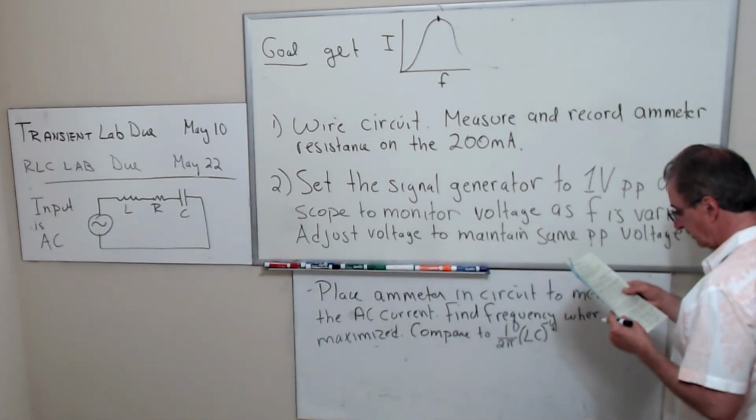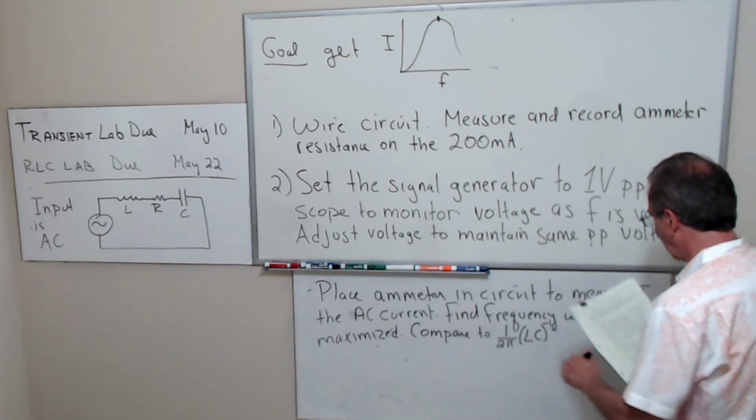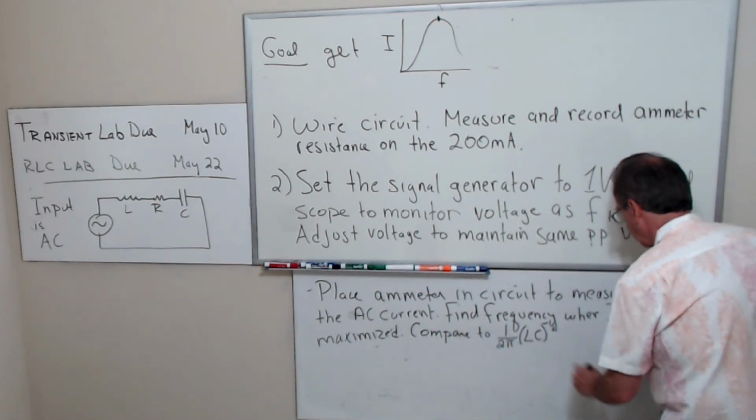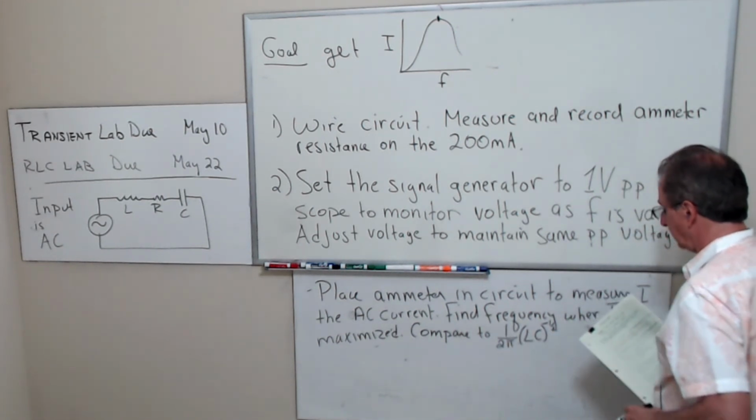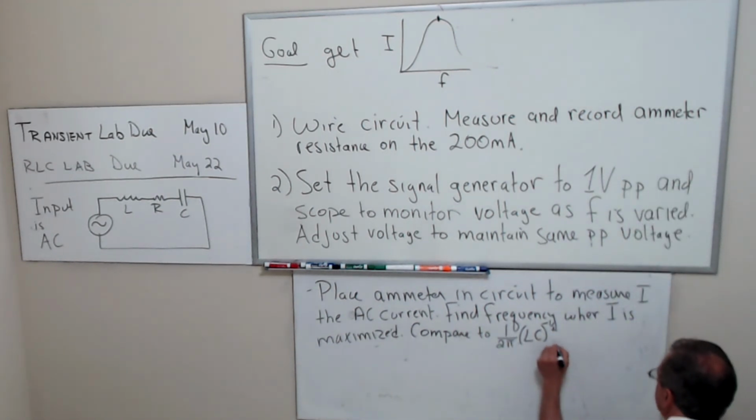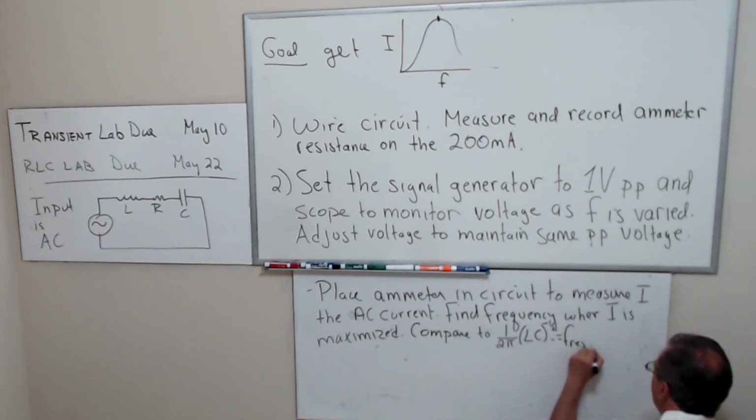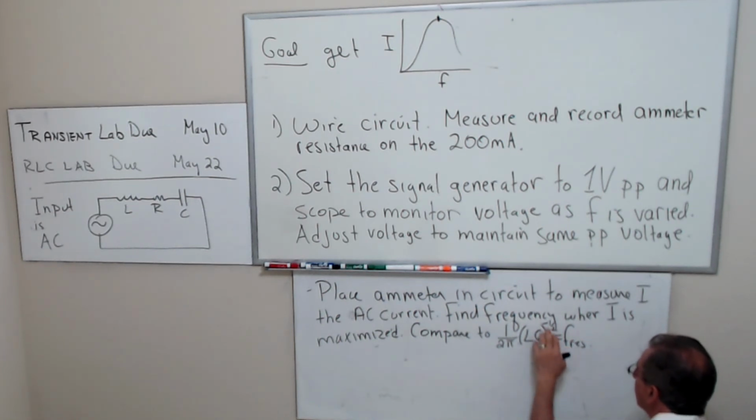Then find, so while you're at this frequency, we're going to call this FRES, which will tell you, well, I'll tell you what that means later. Is that a negative 1/2? Yes, it's a negative 1/2. Oh, okay.